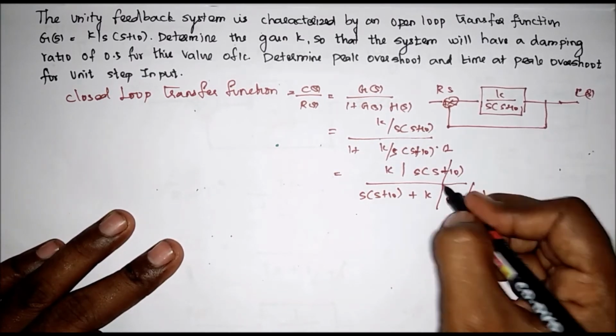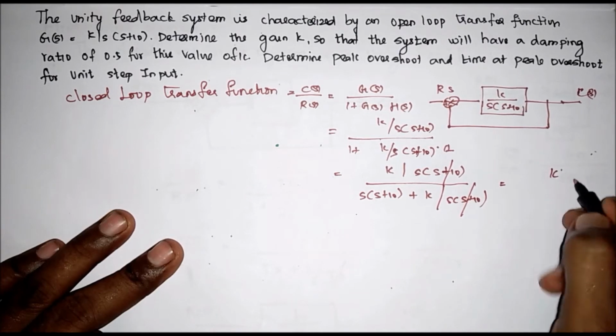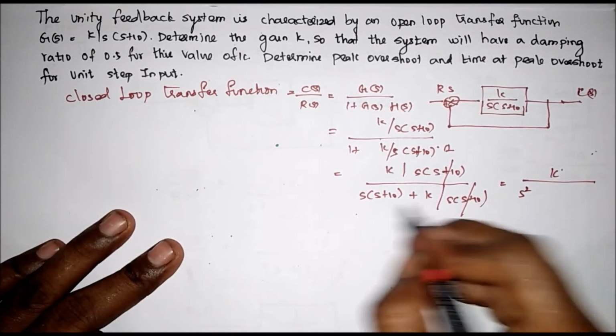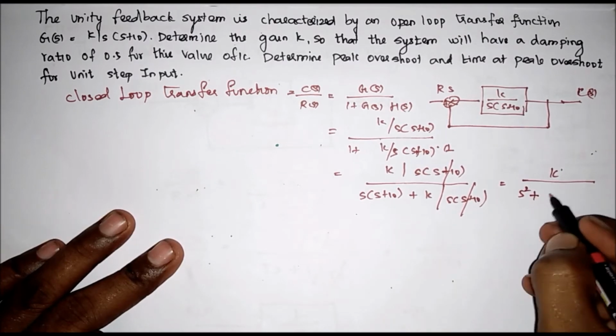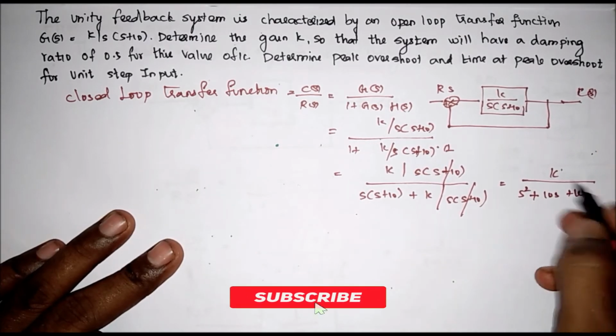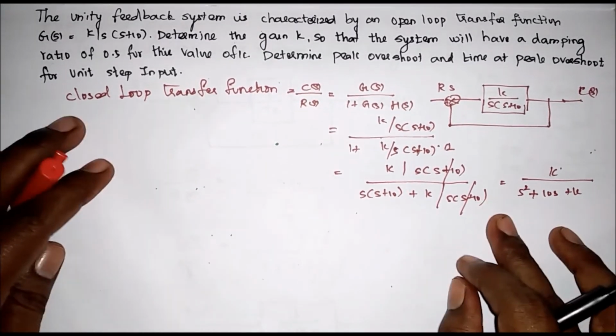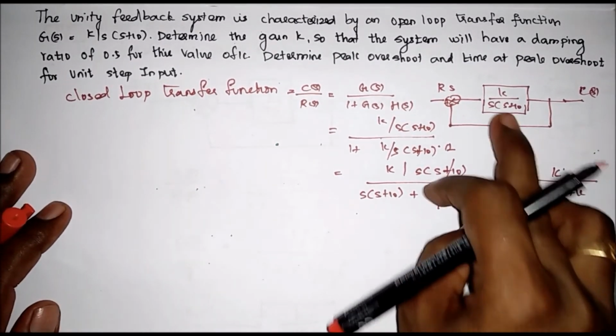The common term gets cancelled. Finally we have K divided by s square plus 10s plus K. This is the closed loop transfer function of this system.